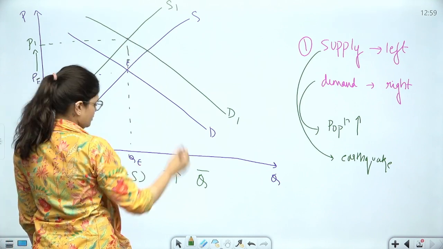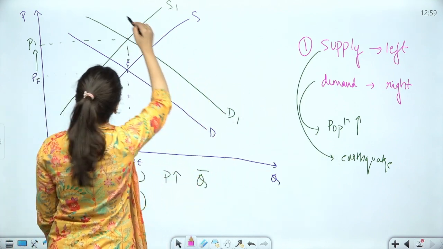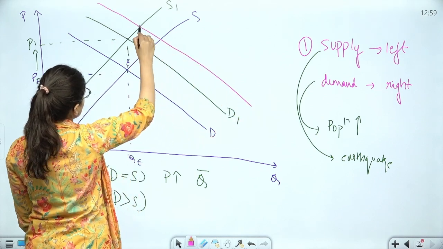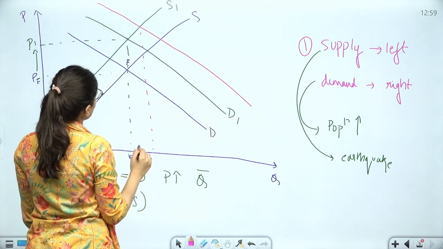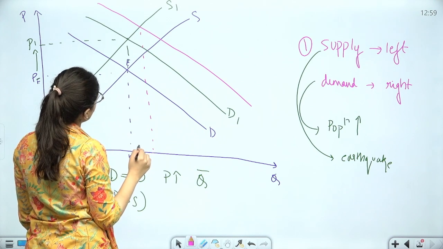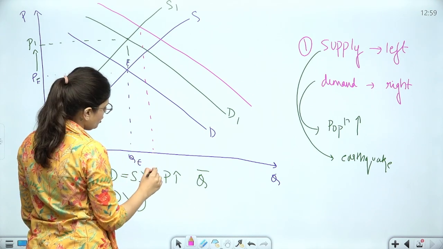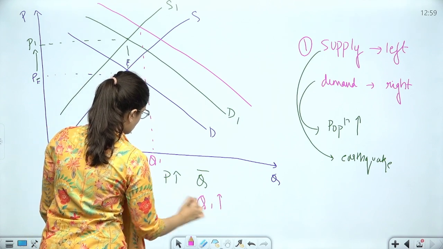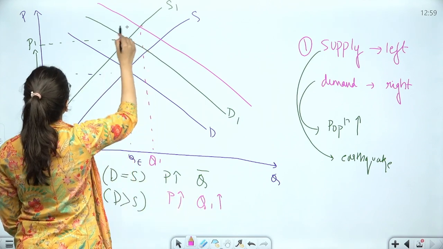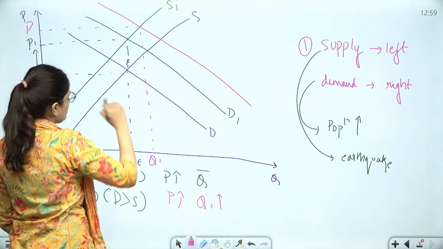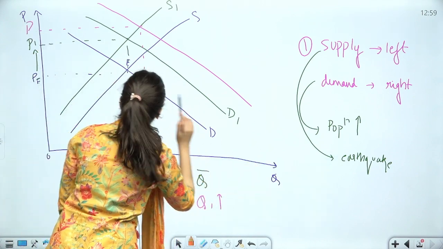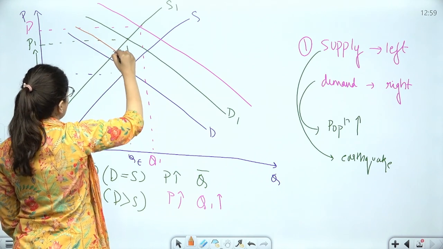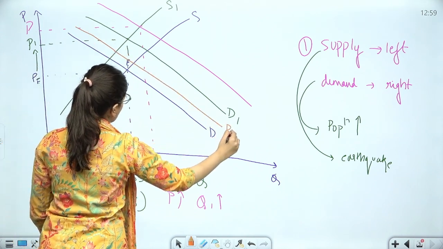Second situation, when let's say demand is increasing more than the supply. So in this case, what will happen? The quantity demanded will actually increase. Okay, so quantity demanded will increase, price will also increase. You will see price is also increasing. The third case would be when demand is changing less than the supply.